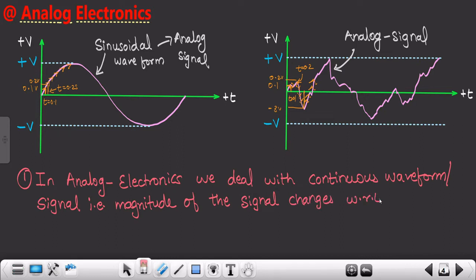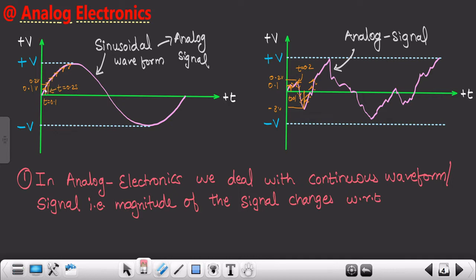What I meant to say is, over here at t equals 0.1 second it was 0.1 volt, at t equals 0.2 second it had 0.2 volts, at t equals 0.3 second maybe this particular waveform would achieve 0.3 volts. So that means for every second the value of this particular curve or signal is changing.